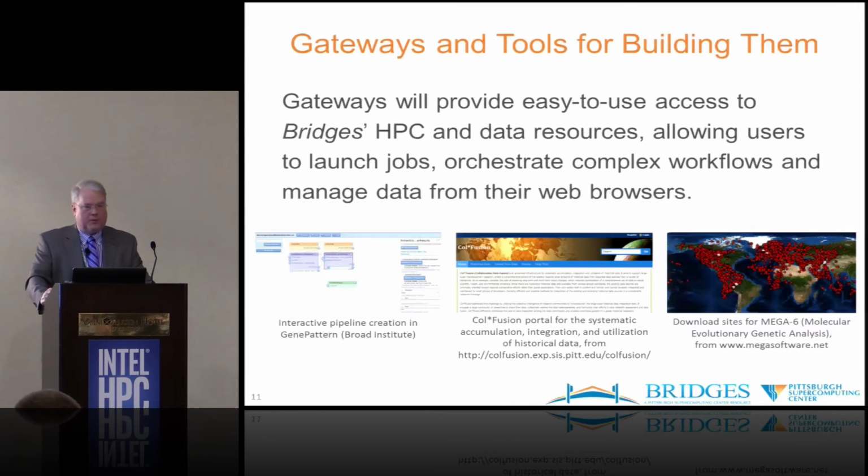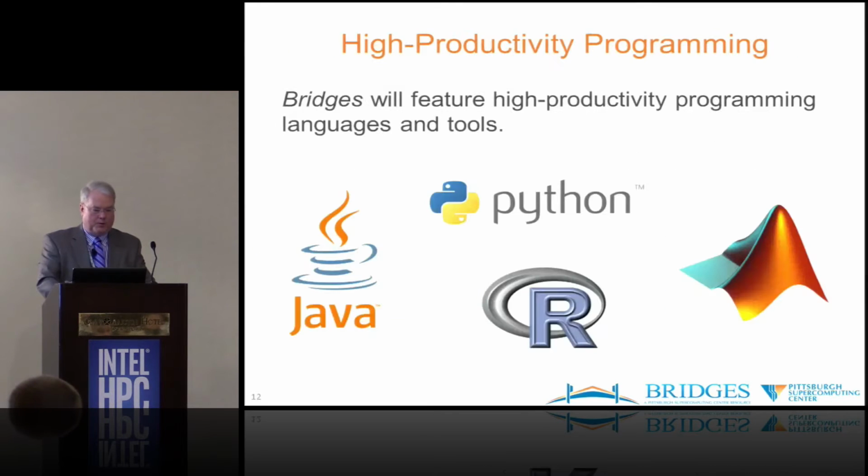We have a demonstration going on at our booth using the Galaxy software, where some of the workflows involve 50 or 60 different programs needing to run in just the right order and of course over time be reproducible. So all of these factors build into gateways that we will work with the users and help them develop and have the tools on the Bridges system to do this.